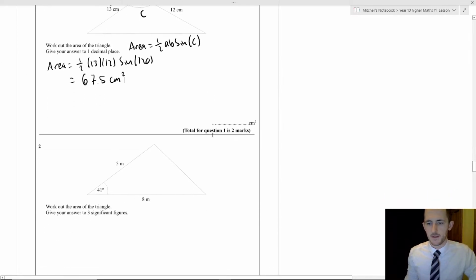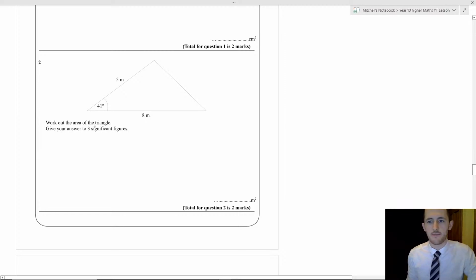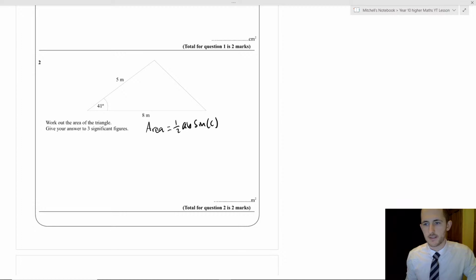Okay. Let's do another one as practice, then we'll go back up to do the hard question, and then we'll see how much time we have left. Once again, my formula is just a half AB sine C. A and B are just two sides. C has to be the angle between them. So once again, area just equals a half... That's another way some people write it, with times signs.